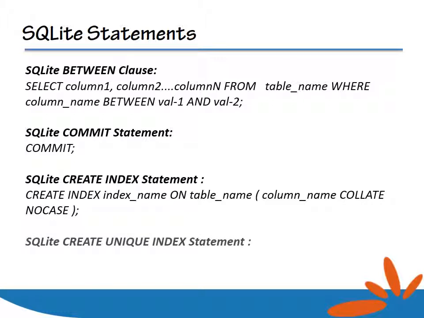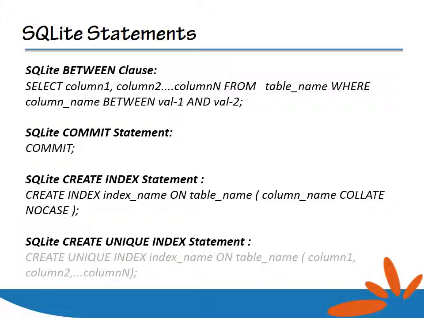The code is commit, then terminated by a semicolon, followed by the SQLite create index statement. In creating an index statement, the code is create index, index name, on, specify the table name, then open and close parentheses, enclose the column name, and collate nocase, and terminated by a semicolon.